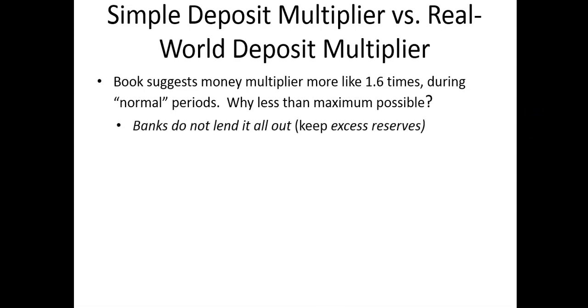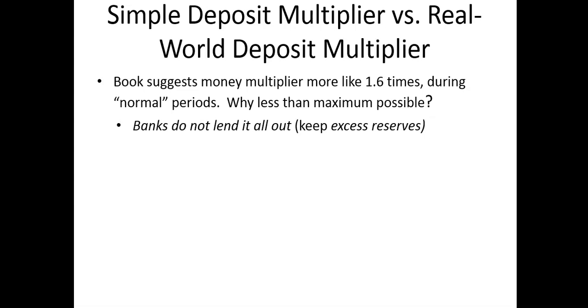Well, part of it is banks might not lend it all out. There are a lot of other complexities, but some of the most straightforward things that hopefully make sense, right? Banks might not lend it all out. So that 10 money multiplier with a reserve requirement of 10% assumes that they lend out all of it, right?